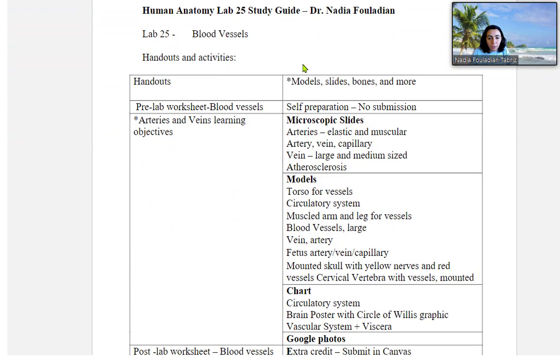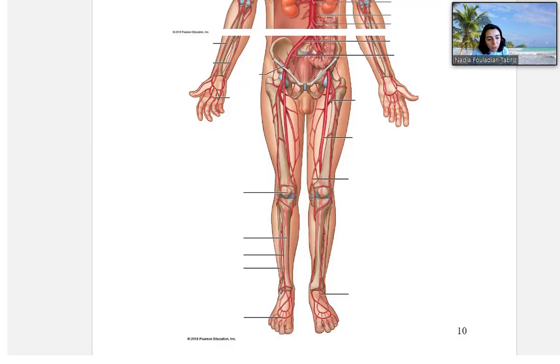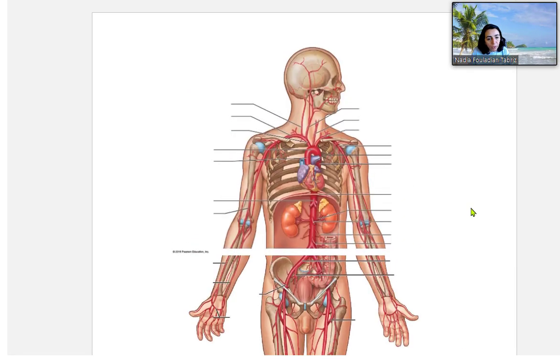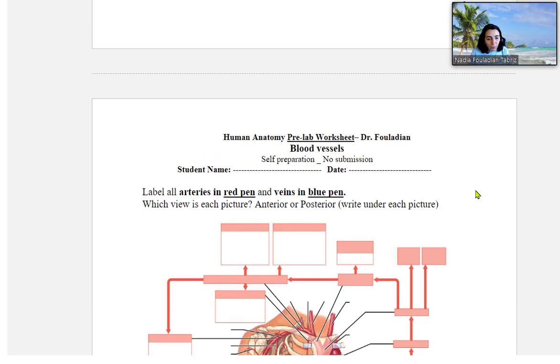For the blood vessel lab, we have a pre-lab worksheet. Let me show you, because it is very helpful for learning all the blood vessels.